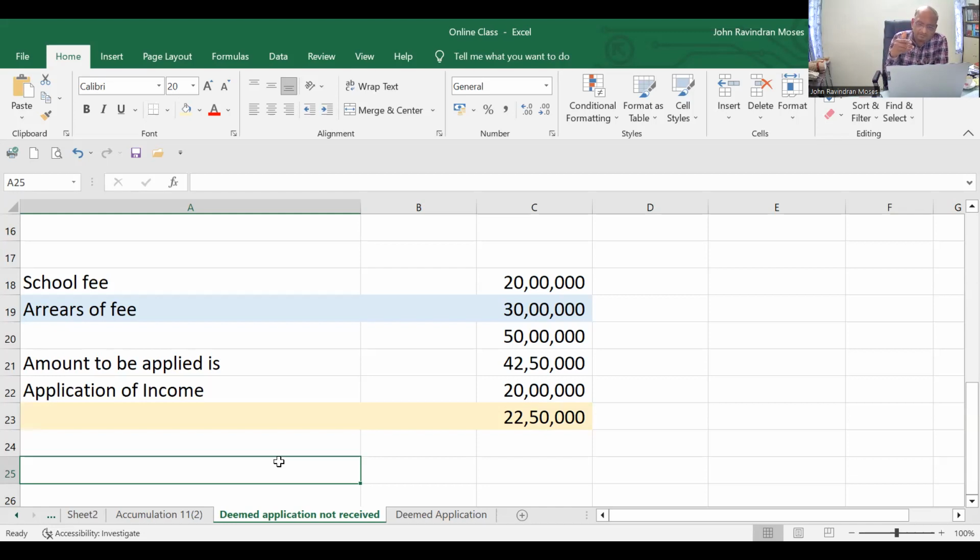I will not get it in cash with me. That 5 lakhs will again get into my fixed deposit, and instead of 50 lakhs, now my fixed deposit will become 55 lakhs. In my books of account, I will record bank interest received 5 lakhs as income, and FD invested 5 lakhs as an investment, not an application. These 5 lakhs I will not be able to apply. In such cases, government allows this deemed application option under section 11(1). I hope you understand the concept here.